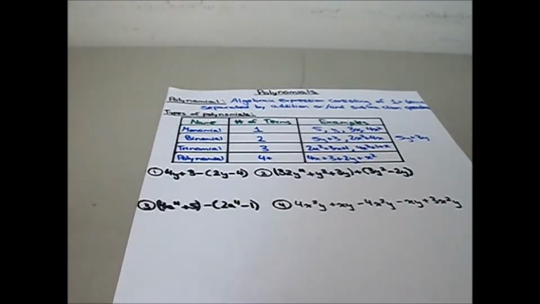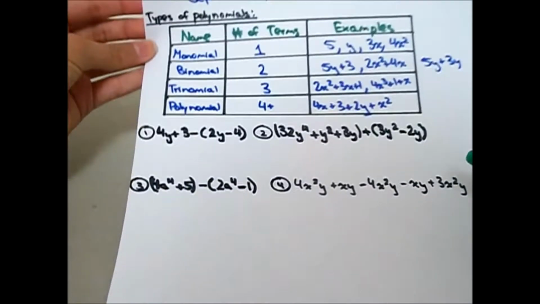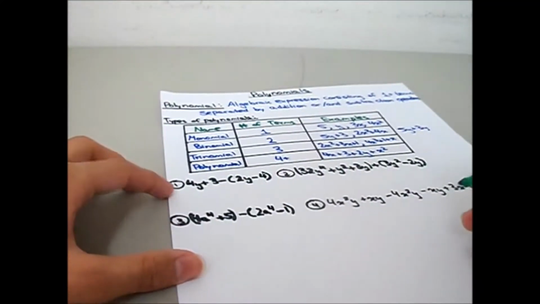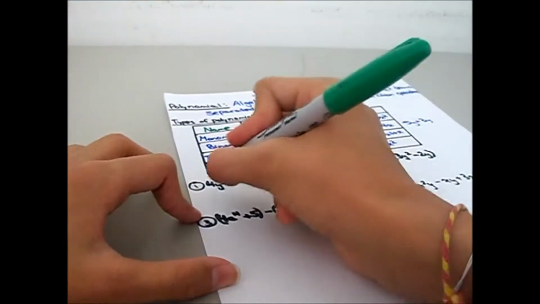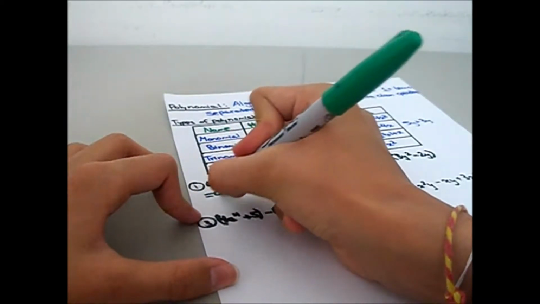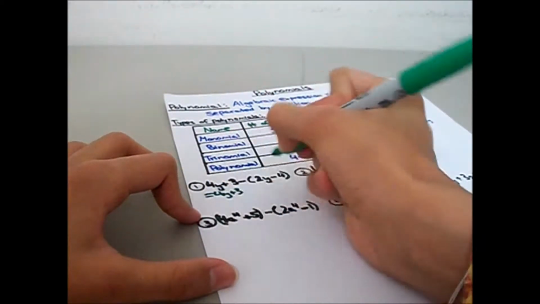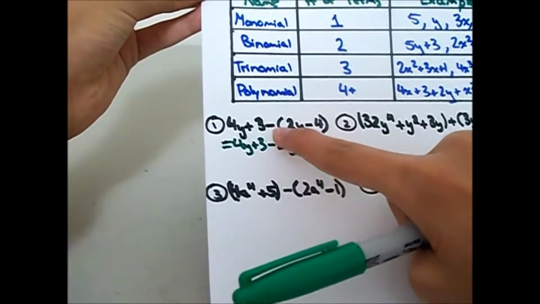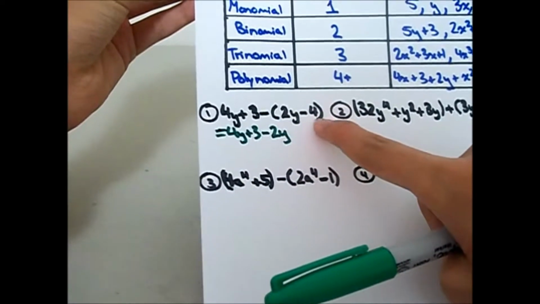So let's get some basic practice with adding and subtracting polynomials. The first question is 4y plus 3 minus, in brackets, 2y minus 4. So we'll just open up the brackets and rewrite 4y plus 3 minus 2y. Now it will be plus 4 since negative and negative cancel out to become positive.